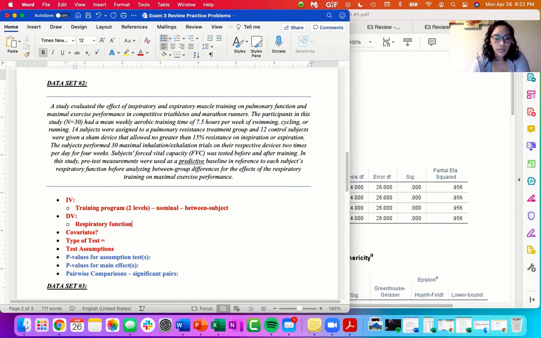Respiratory function. Oh, my keyboard just decided to not work. Maximal exercise performance. Or you could put FVC, also acceptable. Okay. And per usual, dependent variable is ratio data.